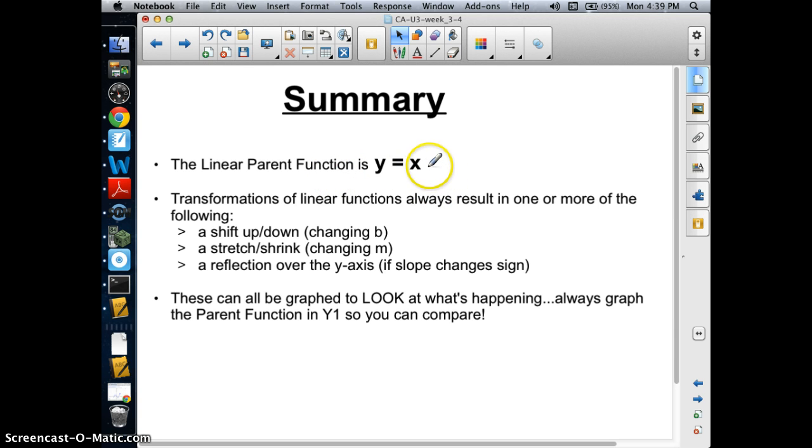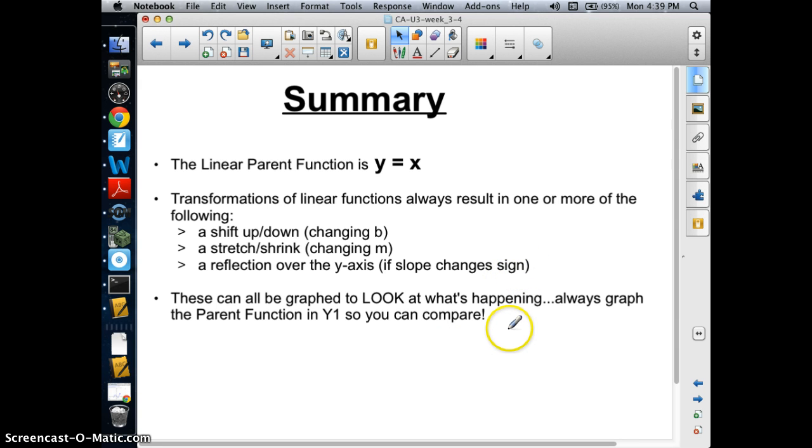It's a perfect diagonal on the graph. Transformations of linear functions always result in one or more of the following: a shift up or down, which happens by changing b, a stretch or a shrink, which happens by changing m, and a reflection over the y-axis, which is what happens when the slope changes its sign.